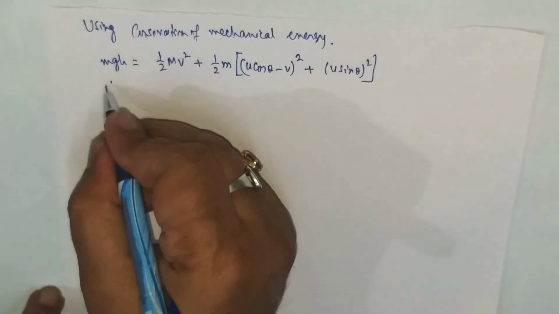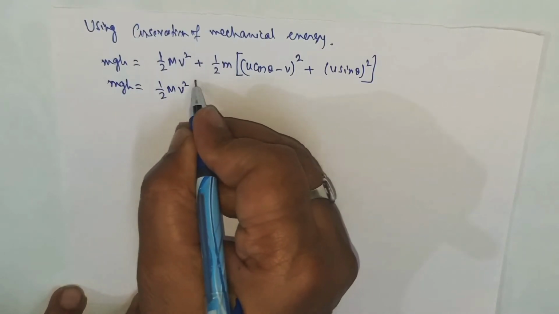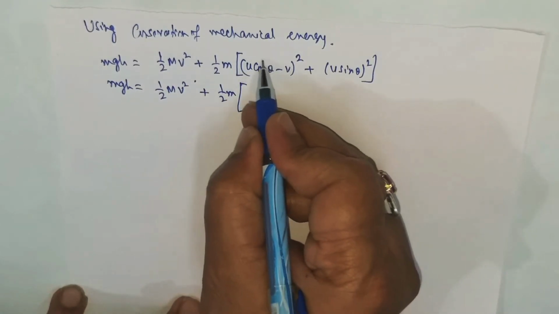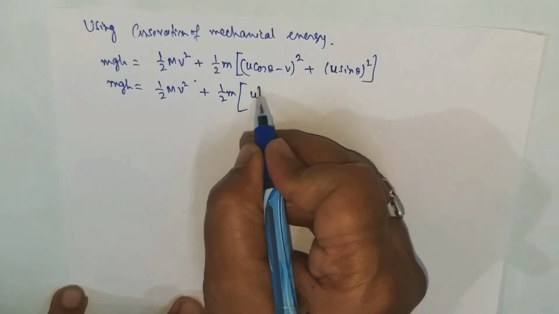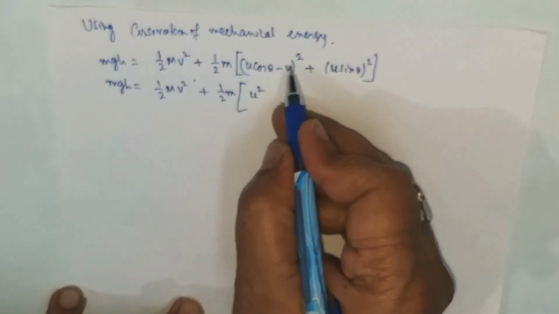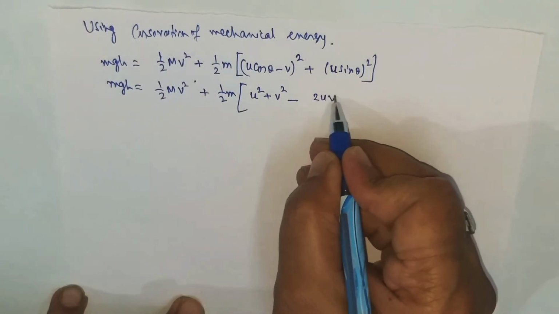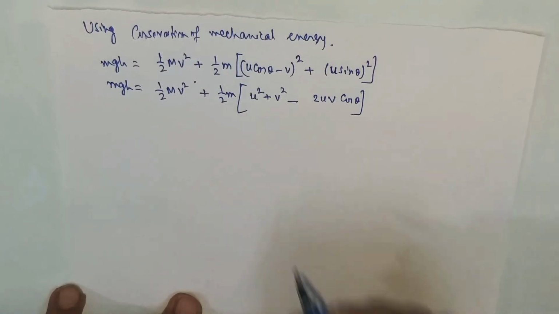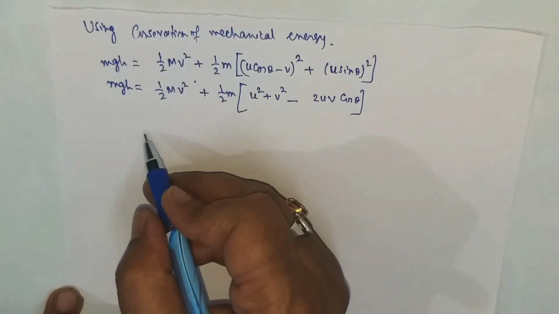So we have mgh equal to half MV square plus half small m times u square cos square theta plus u square sine square theta, so it becomes u square, then in the expansion v square minus 2uv cos theta. Then we will put in the value of u that we obtained in the previous expression.